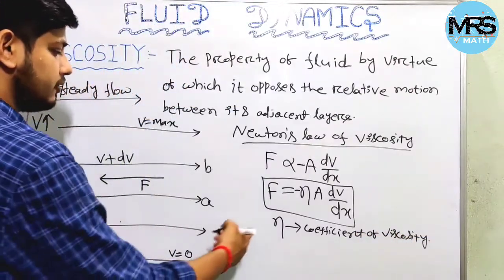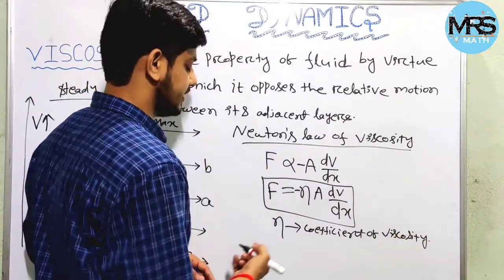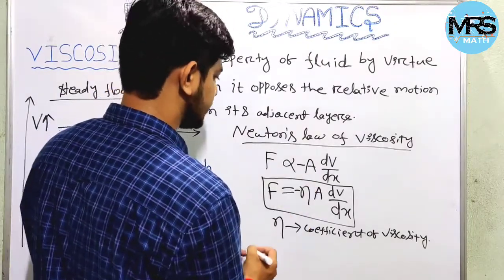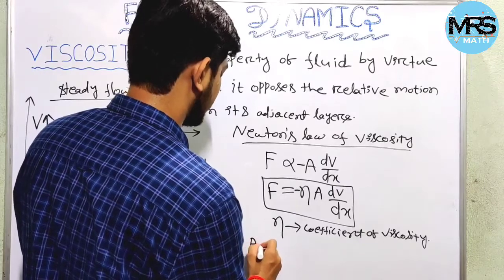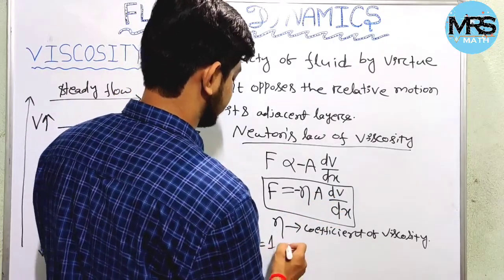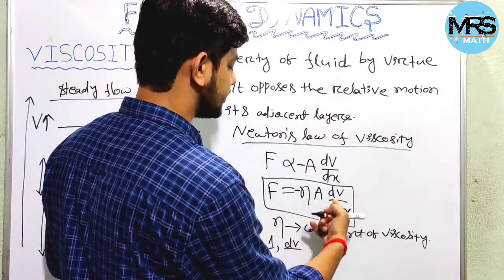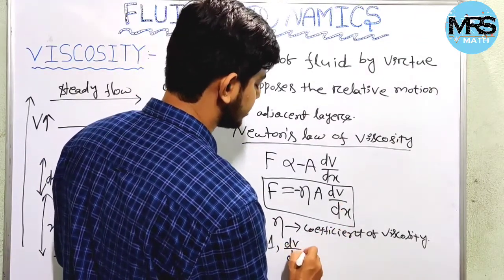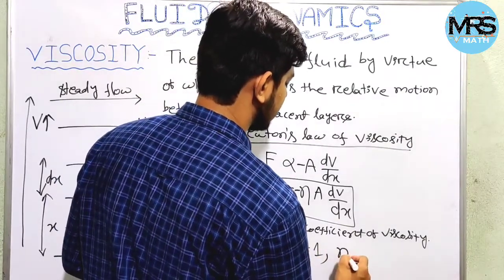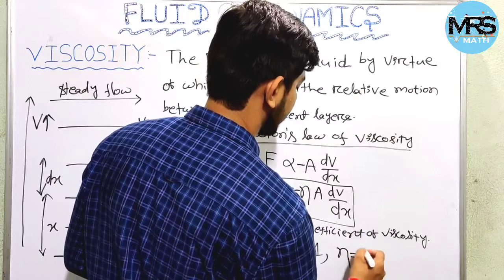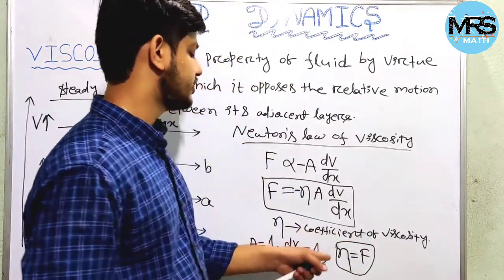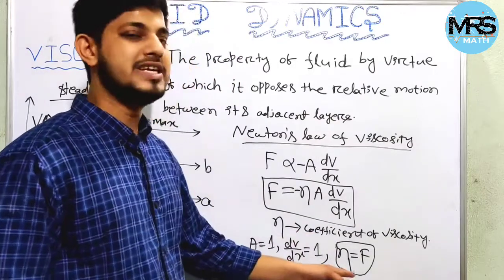So how can we calculate this eta? What is the definition? If you consider A as 1 unit and dv by dx, that is the velocity gradient, as 1, then we get eta as F. That means this coefficient of viscosity will be equal to the viscous force.